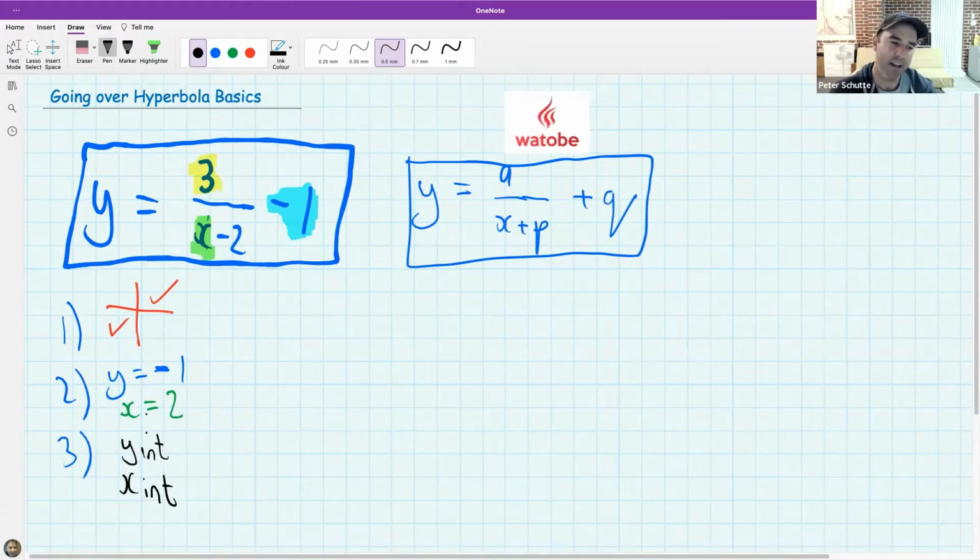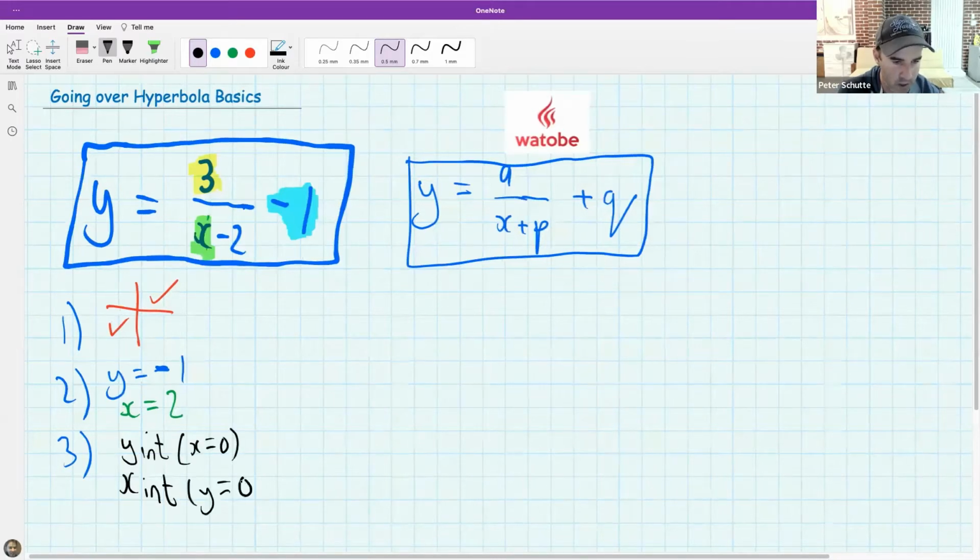So I think of a hyperbola as a three-step process. And the good news is, to find the intercepts, we can use the same ideas that we used before. We just have to work those out. I'm not going to do that now, but that calculation you would have done in the previous lesson.